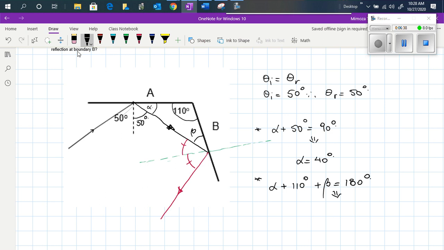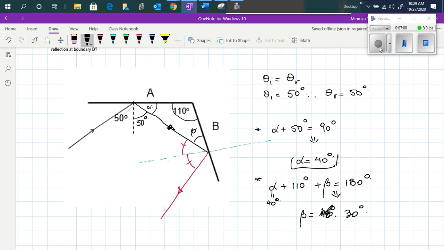From here, we can say that angle beta is equal to 40 degrees, am I right? I was not right. This is 30 degrees, because 180 minus 150 is 30 degrees. So angle beta is 30 degrees.